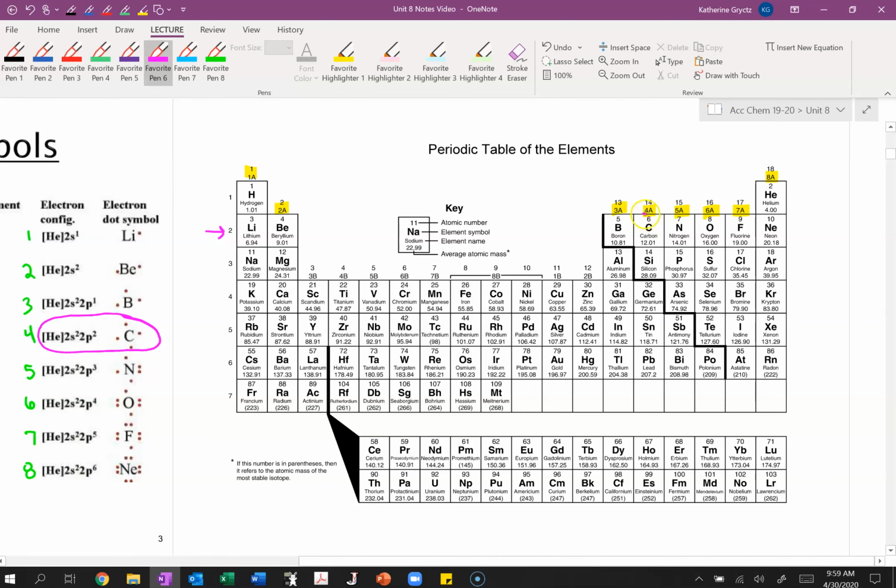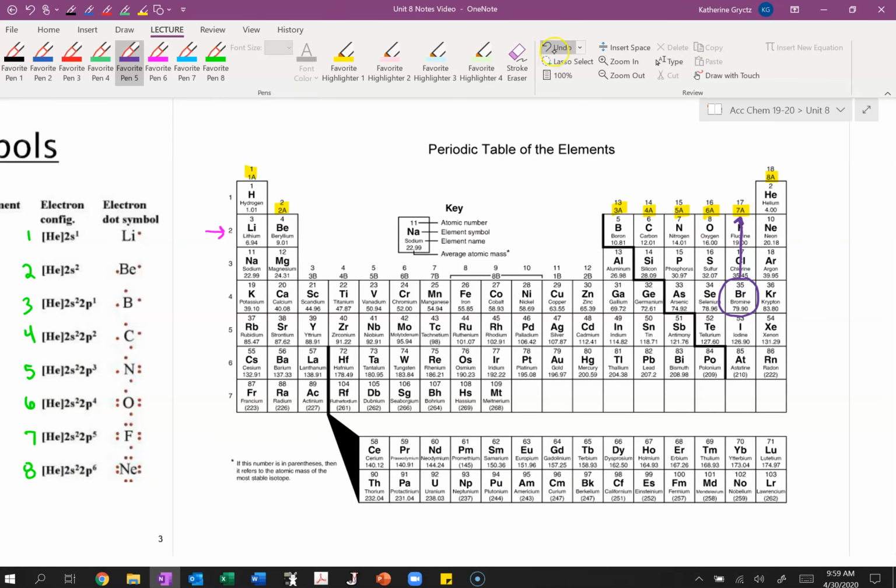But if we go find carbon on the periodic table, it's sitting in group 4A. It has 4 valence electrons. So this is a way that you can find the valence very, very quickly without doing anything. And it's a nice little advantage of our organization. So if I ask you about bromine, you don't have to list out the full electron configuration to know that it has 7 valence electrons.